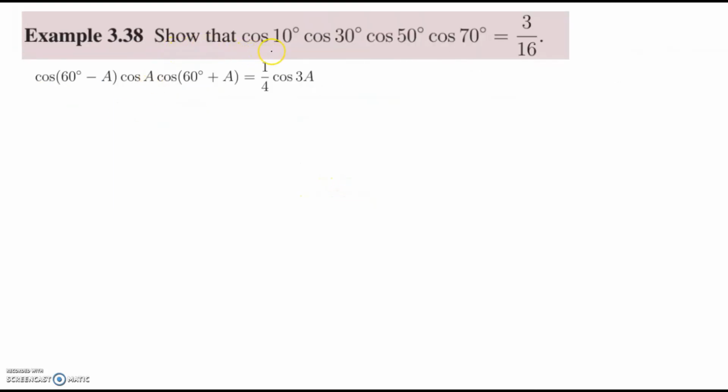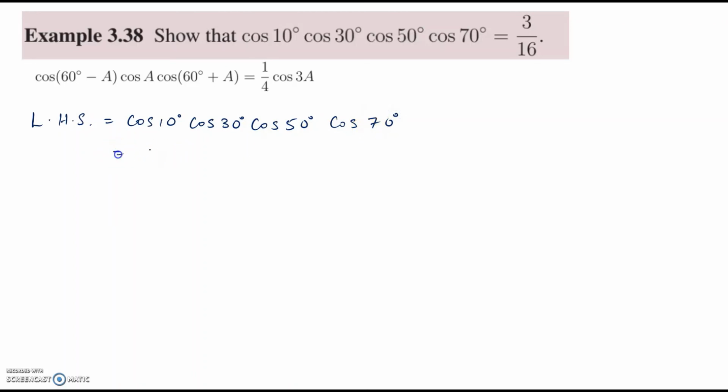Show that cos 10, cos 30, cos 50, cos 70 is equal to 3 by 16. The identity that we'll be using is cos of (60 minus a) into cos of (60 plus a) is equal to 1 by 4 cos 3a. So let's take the left hand side, which is cos 10, cos 30, cos 50, cos 70 degrees.